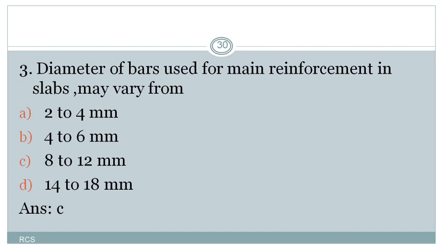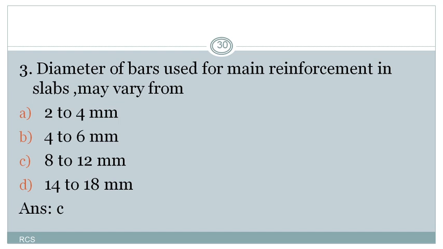The third question: the diameter of bars used for main reinforcement in a slab may vary from 2 to 4, 4 to 6, 8 to 12, or 14 to 18. The main bar diameter should be between 8 mm and 12 mm, but it should not be more than 1/8 of the thickness of the slab.